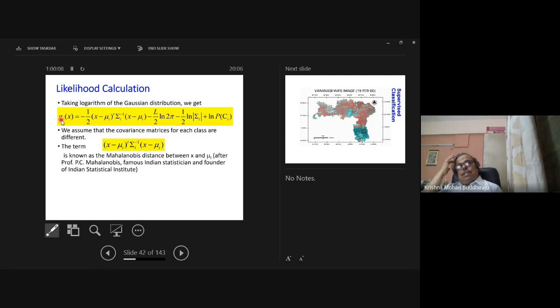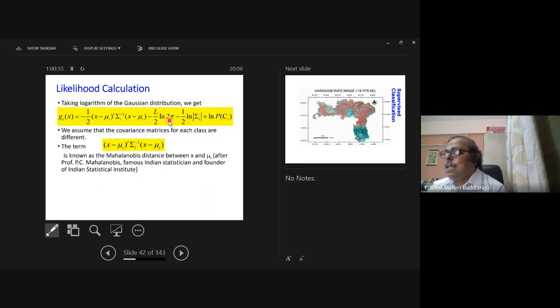Again, as you can see here, the moment I'm given the training samples, I can compute the covariance matrix for a class and the mean vector for the class. If I know the area of each class, I can use it. The determinant of the covariance matrix, so many things are pre-computed.